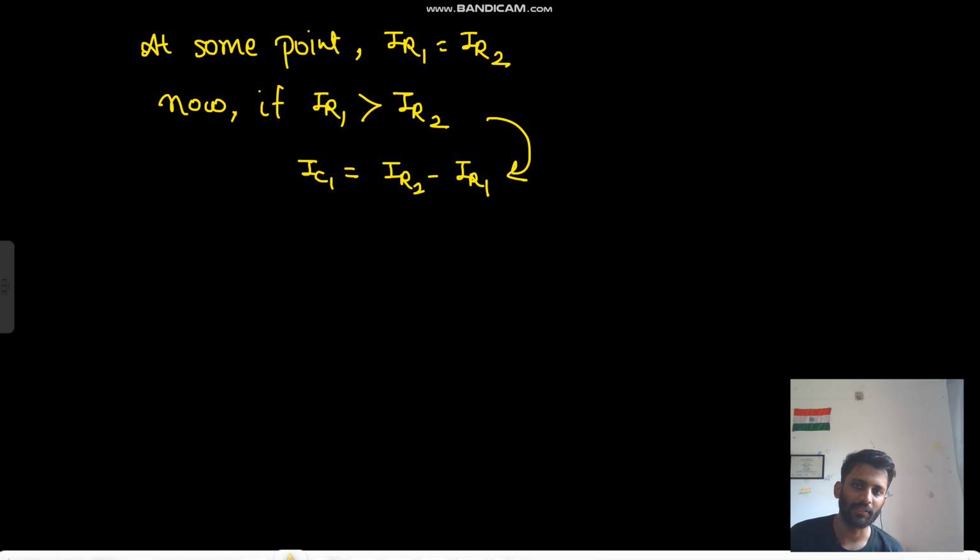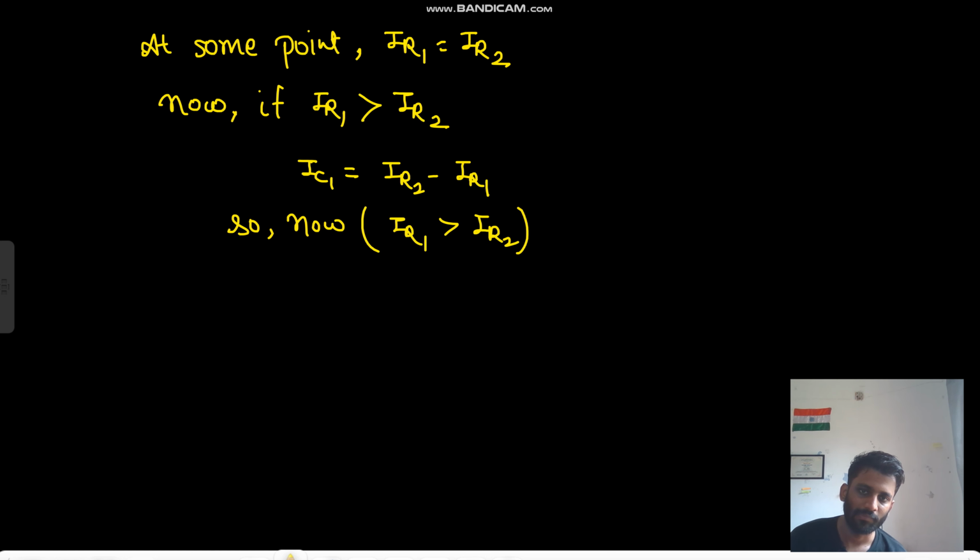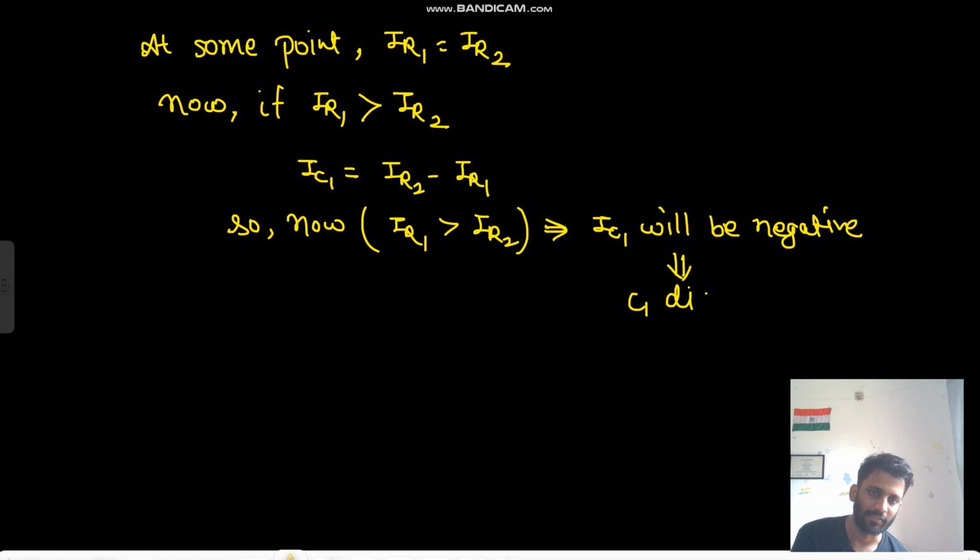So since this is the case, now if IR1 is greater than IR2, IC1 will be negative. That means C1 discharges.